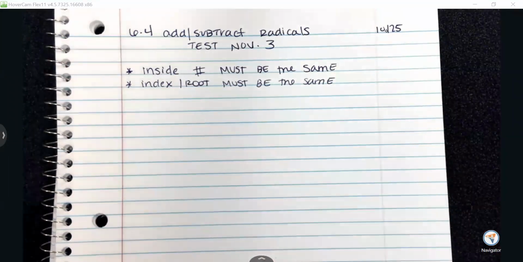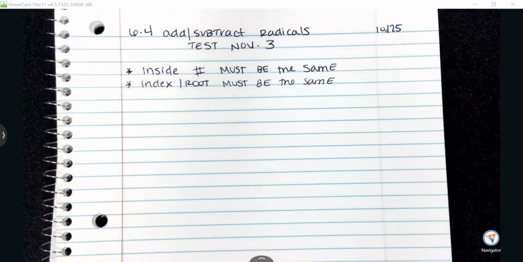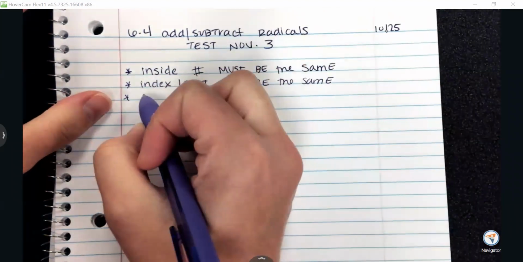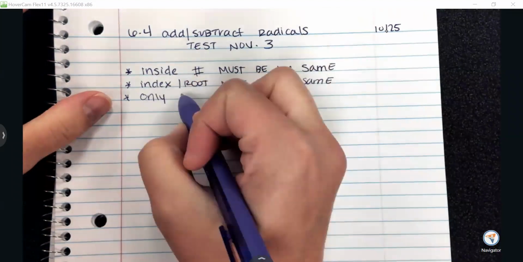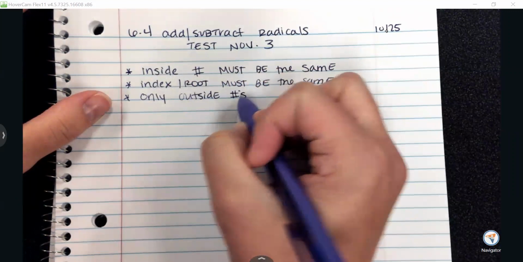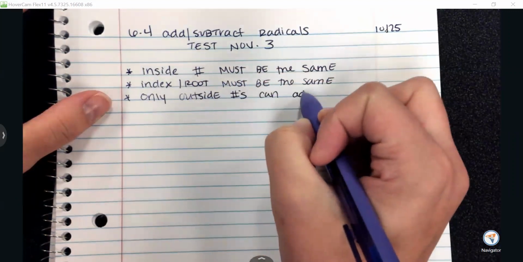So if I have square root of 2 and cube root of 2, I can't add those. Those are not the same. And then the last piece of information, and probably one of the most important, is only outside numbers can add or subtract.